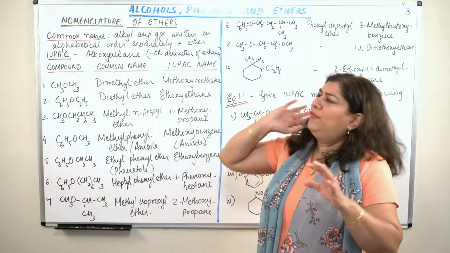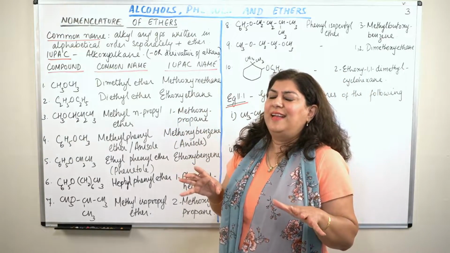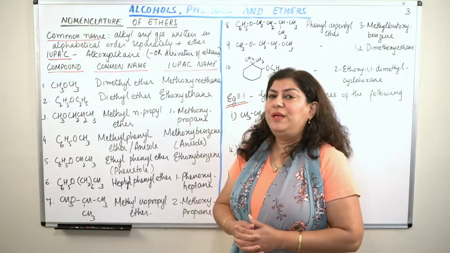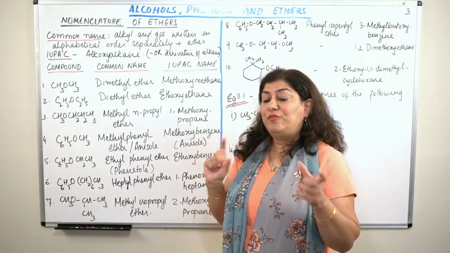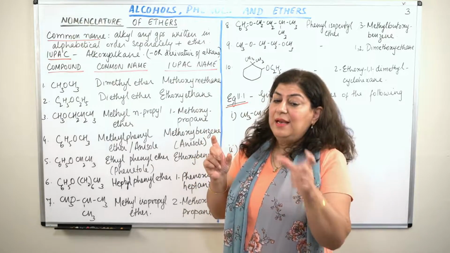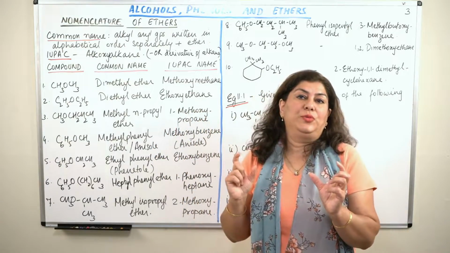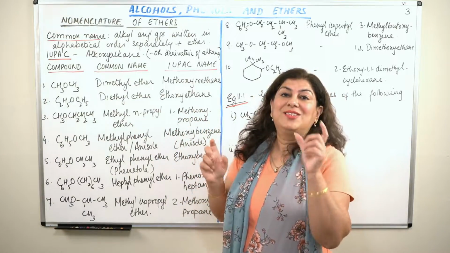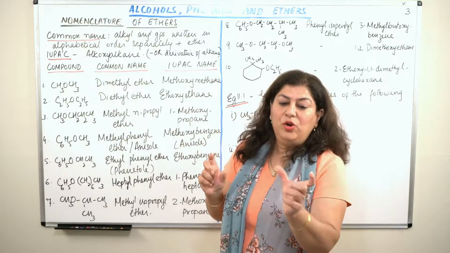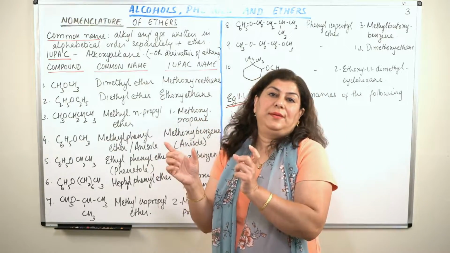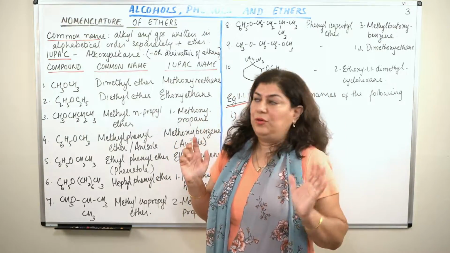So from this you easily understand how we name ethers in common nomenclature. We write the names of both the alkyl groups in alphabetical order and we add the word ether to it. So the name has 3 words, one alkyl group, second alkyl group and ether, alkyl or aryl group.